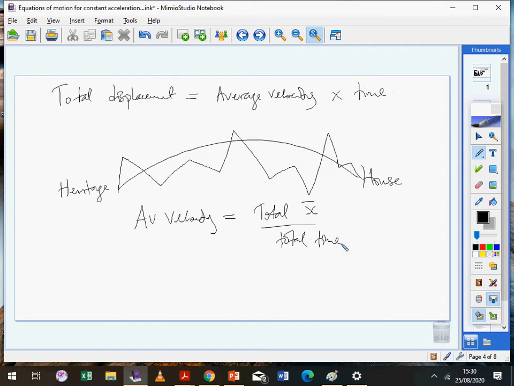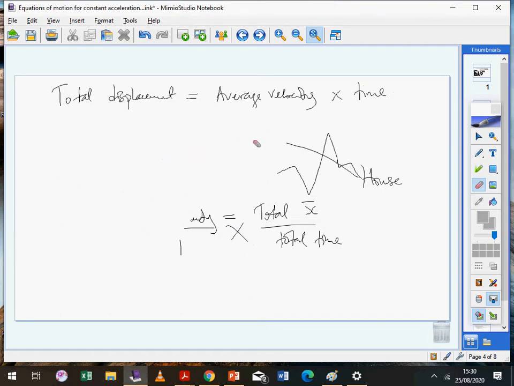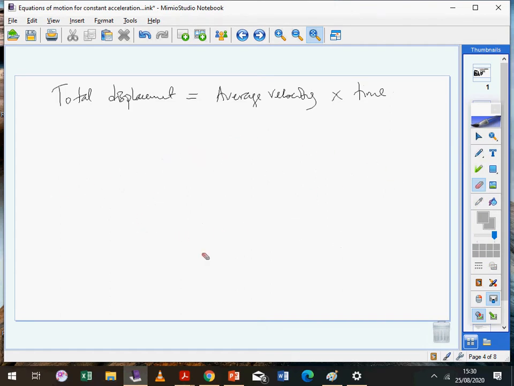If I cross multiply, this tells you that total displacement is average velocity times time. I really should be saying average velocity, not speed. So we know total displacement, which is x, is going to be equal to average velocity times time.